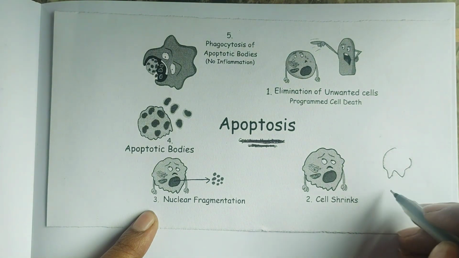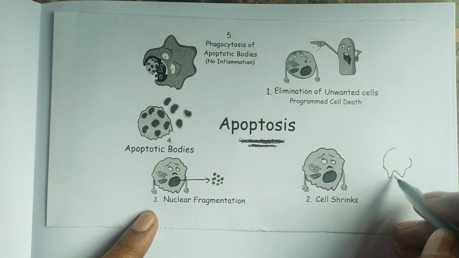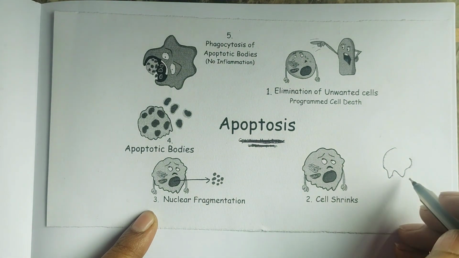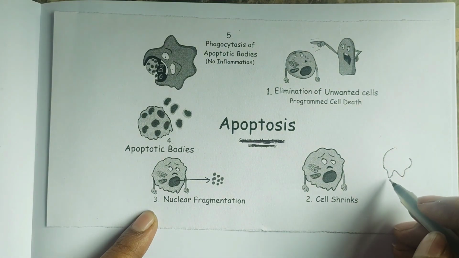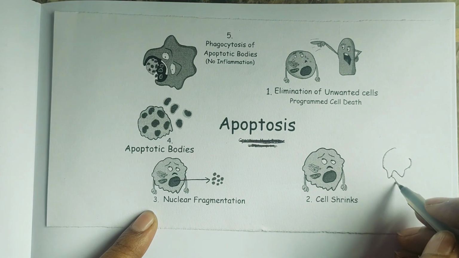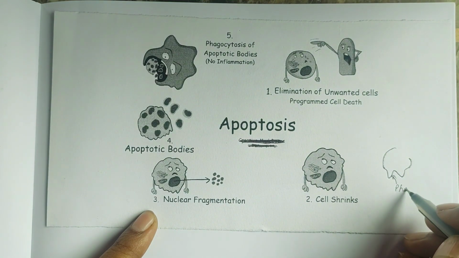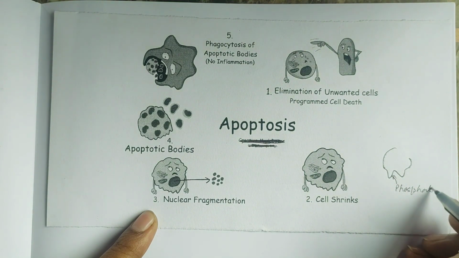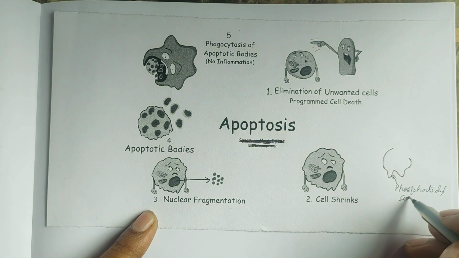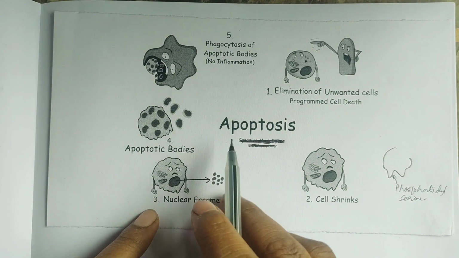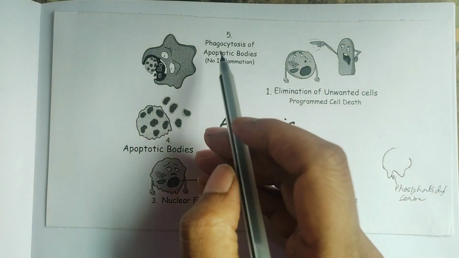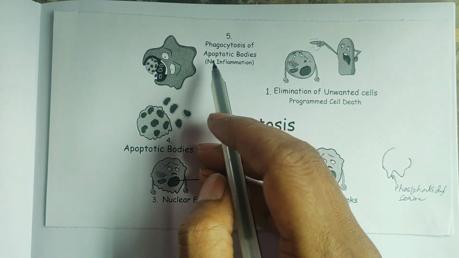These apoptotic bodies express phosphatidylserine on their surface, which will recruit the macrophages.